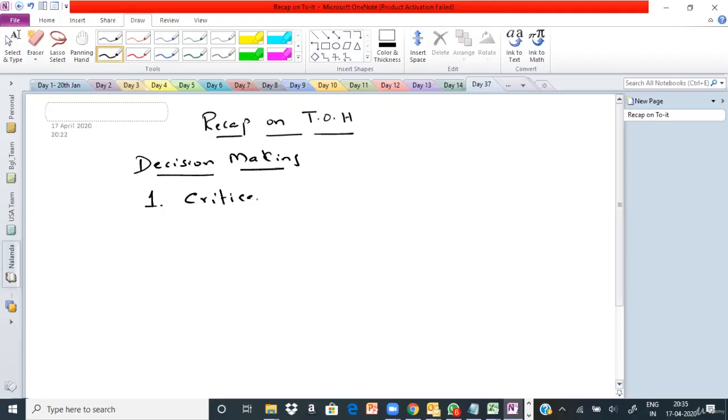Critical value method. Second, p-value method. These are the two methods. Yesterday we discussed this. We came to know about the steps over here. Let me show you what the steps are.